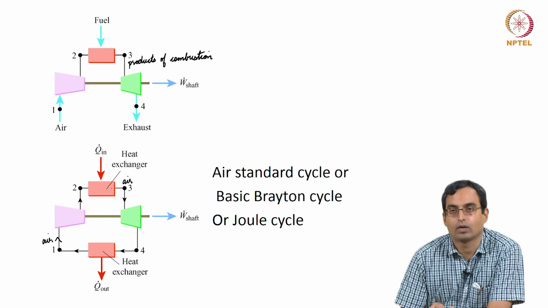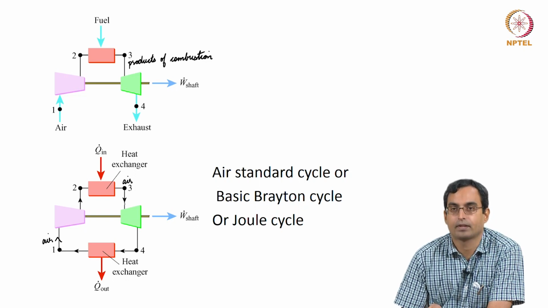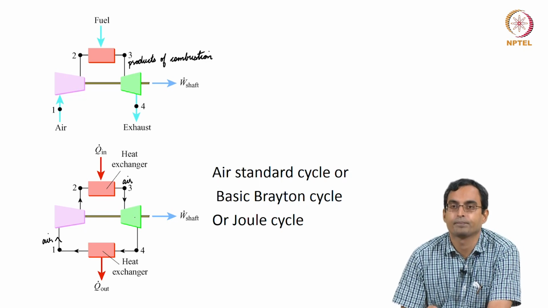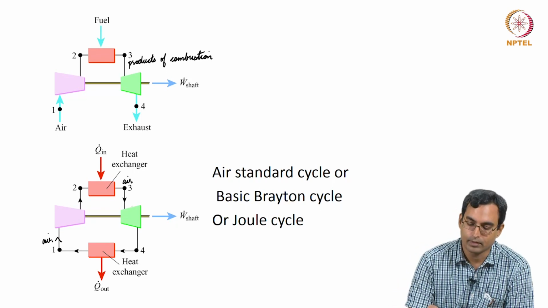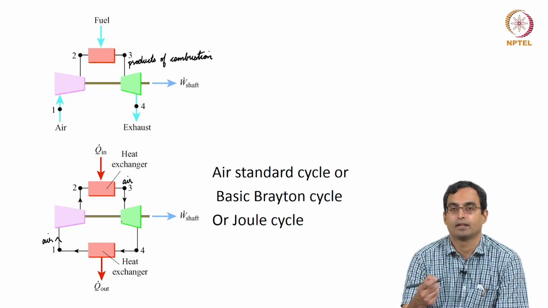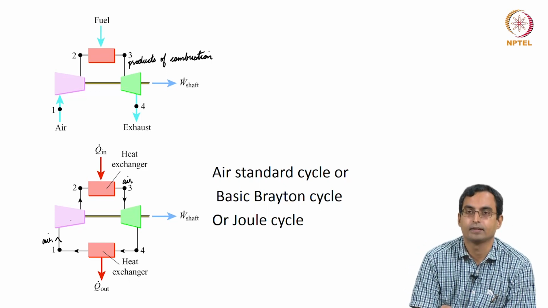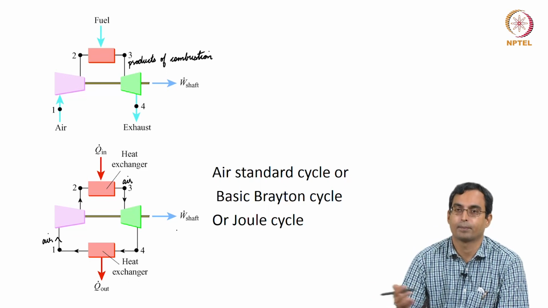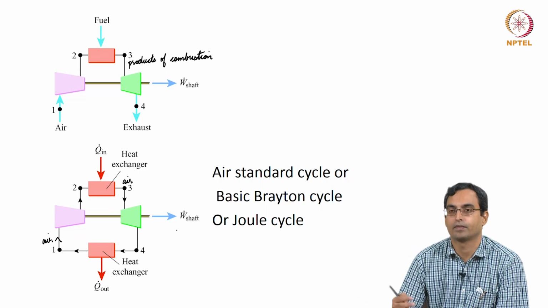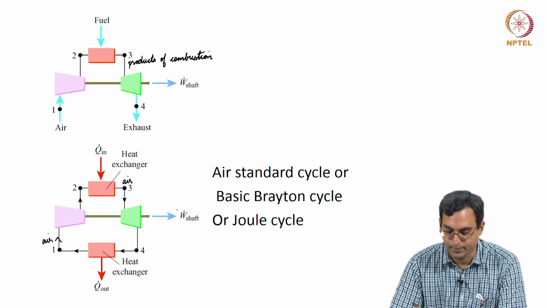We add heat at constant pressure and then we send this high pressure, high temperature gas into a turbine where it expands and gives us low pressure, low temperature air. In the process of expansion, we can get work from a turbine. Some of that work is used to run this compressor. The rest of this work is available for us to use for something else, to either propel the vehicle or, for example, to convert it into electrical power for producing electricity.